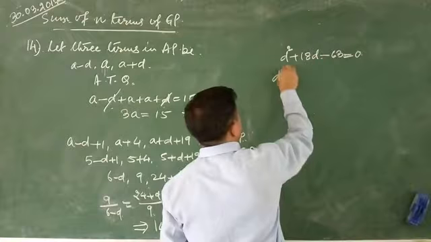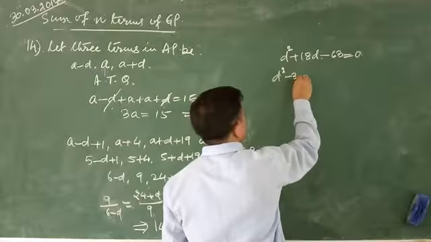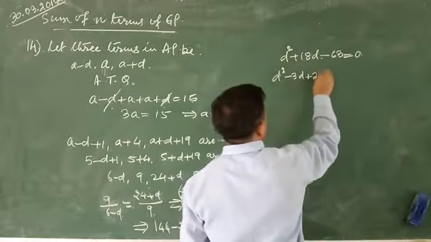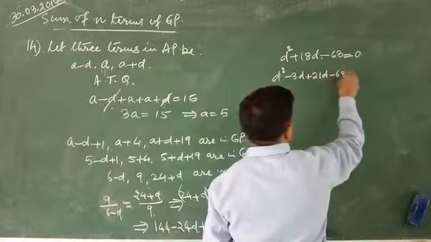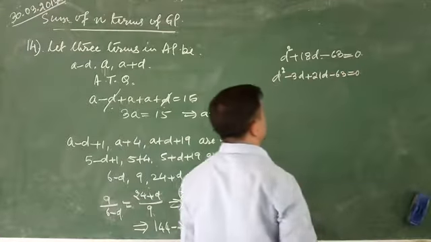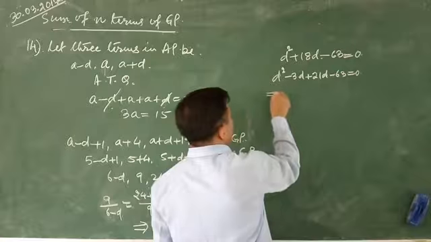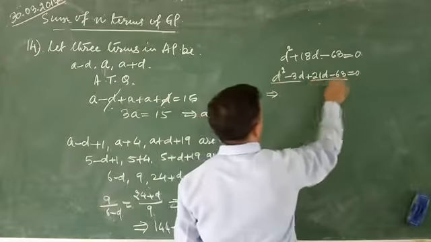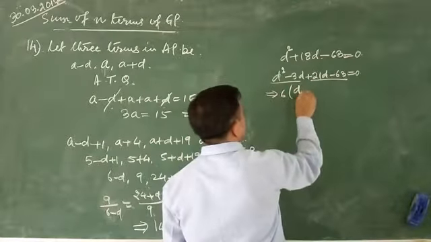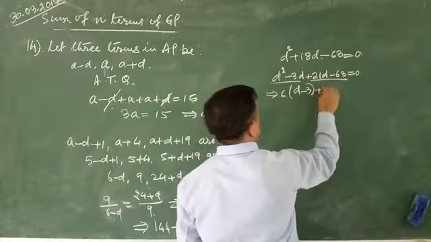This is d square, this is negative 3d plus 21d minus 63 is equal to 0. Now make them into pairs. D out, d minus 3, and this is plus 21.